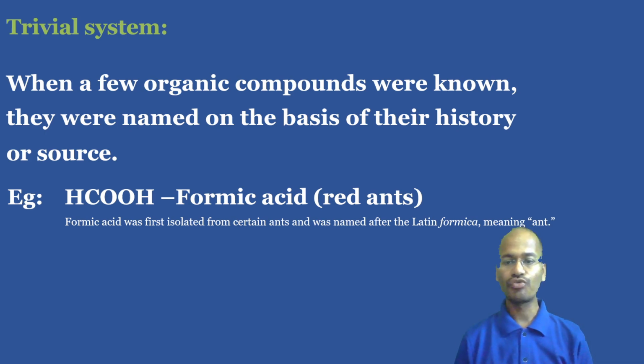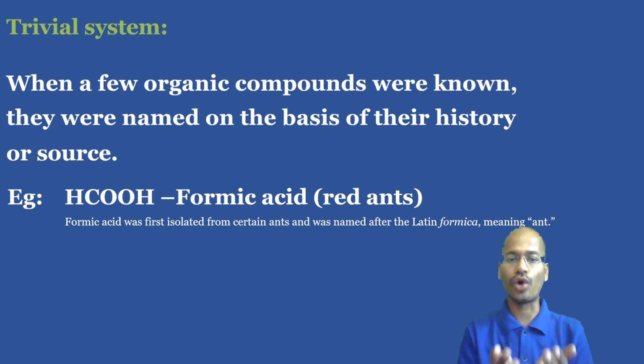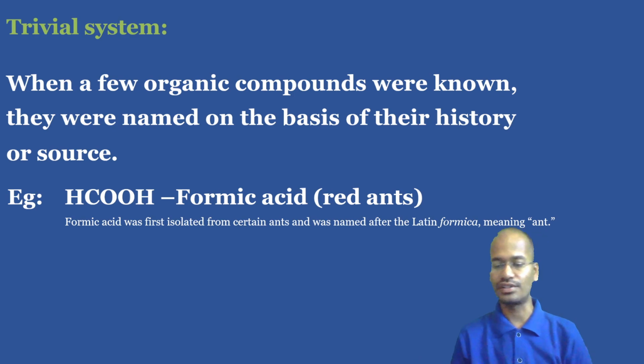In Latin, formica means ant, and that is the reason why it is called formic acid. Means the name formic acid was a trivial name derived from its source. It's derived from ant, that's why ant acid. Ant, in Latin, is called formica, so formic acid.